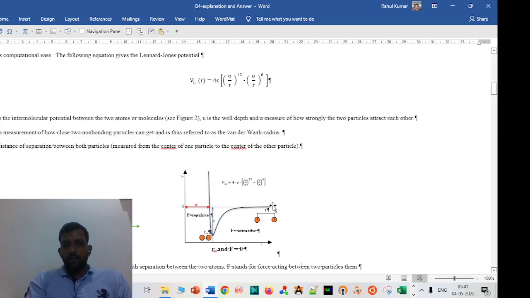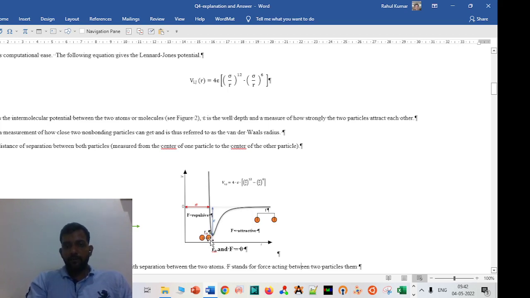When you decrease the distance, the attractive term comes into play. The repulsive term is inversely proportional to 1 by r to the power 12, so its change is very low compared to the attractive term, so there will be a force of attraction, and after some time there will be a minimum when the two balls are at the equilibrium distance.